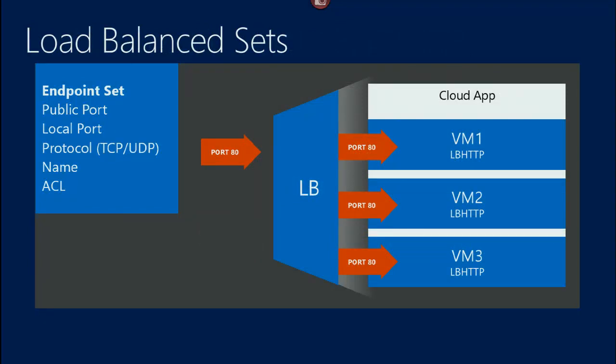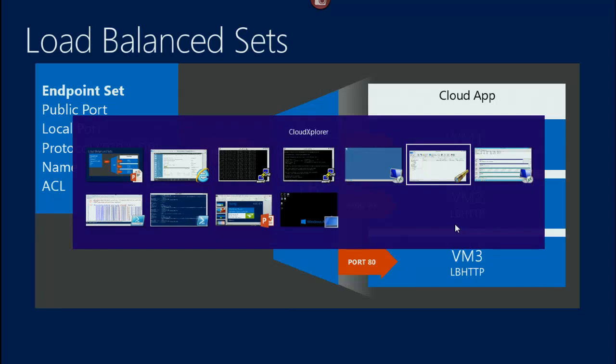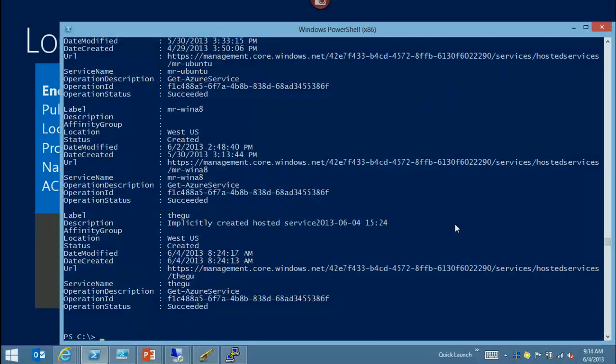I also wanted to show load balancing, like I mentioned, and you saw that port 80 was a load balanced endpoint on that front end. That load balanced endpoint is created using a load balance set. And the way we create a load balance set is, again, through PowerShell scripts or through the portal. What you'll do is create an input endpoint and make it part of an input load balance set, and then add VMs to that load balance set.